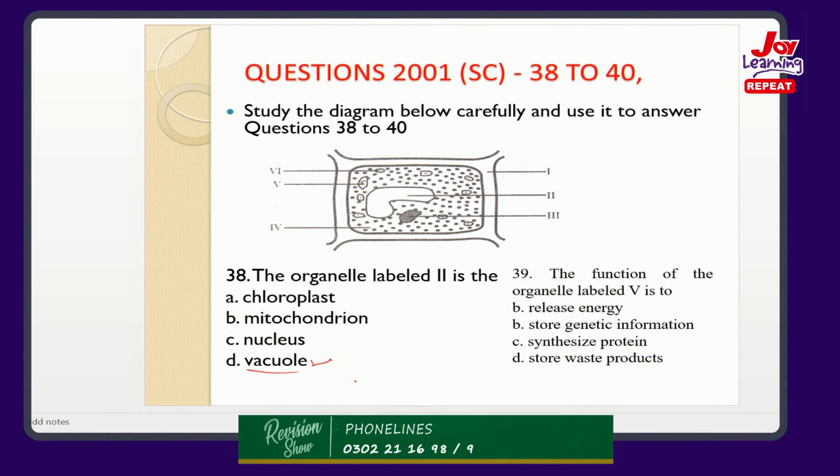The organelle is used for, it releases energy. Correct. Mitochondrion. You got it. So those in the house, you can label everything around it.